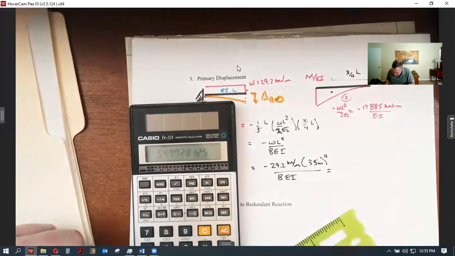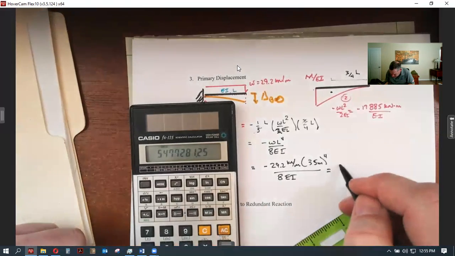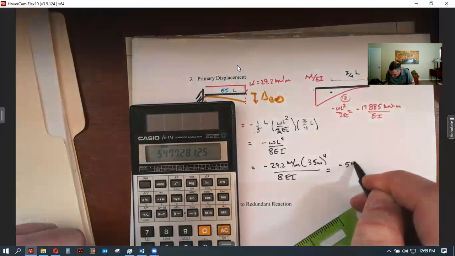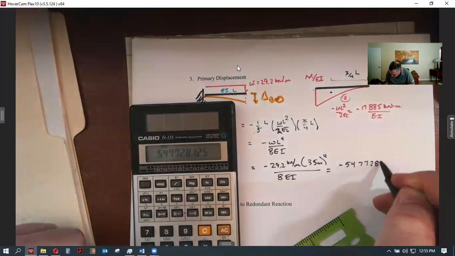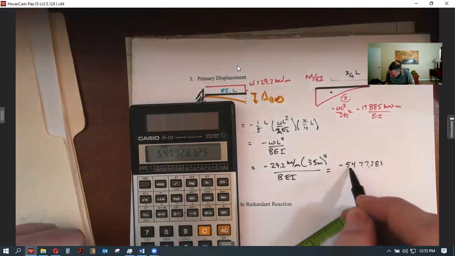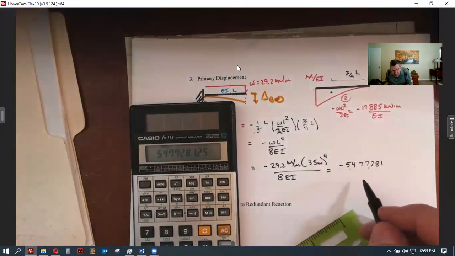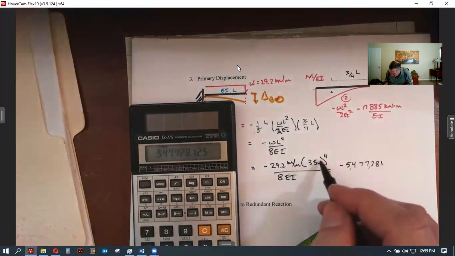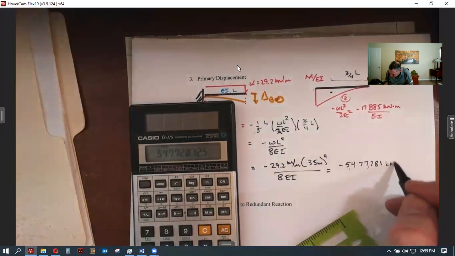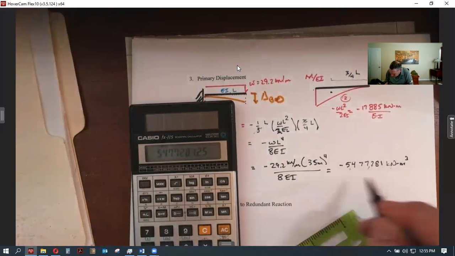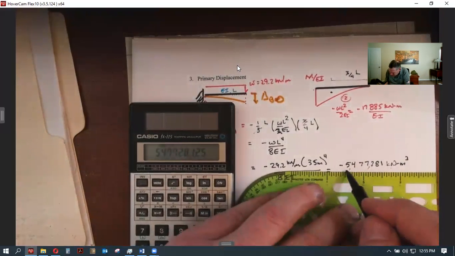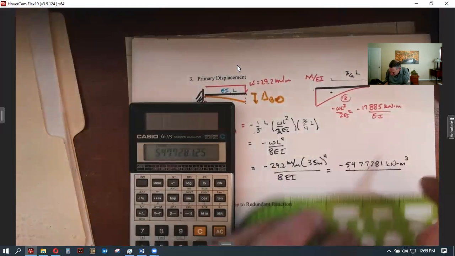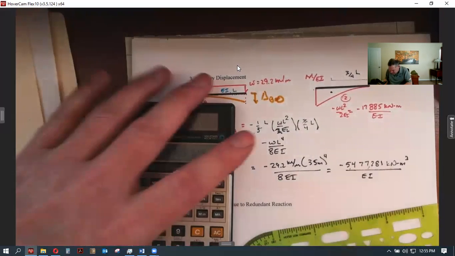And yeah, it's a gigantic number, minus 5,477,281. Kilonewton per meter times meter to the fourth would be kilonewton meter cubed. So force length cubed, that's what that should be. It is. And then divide by EI.